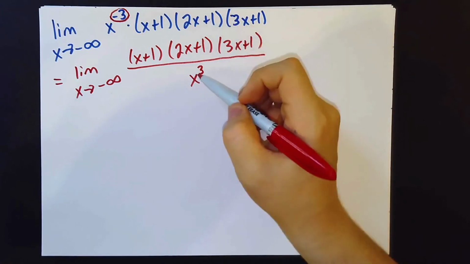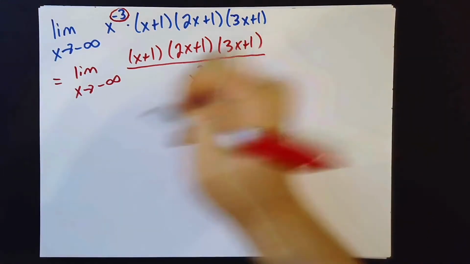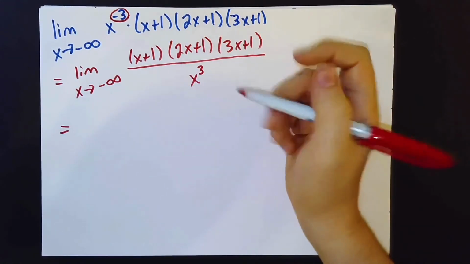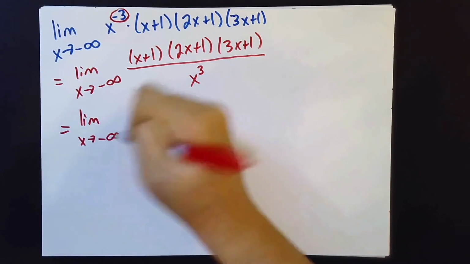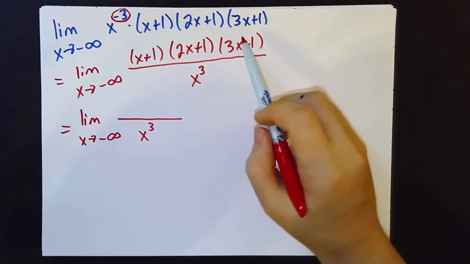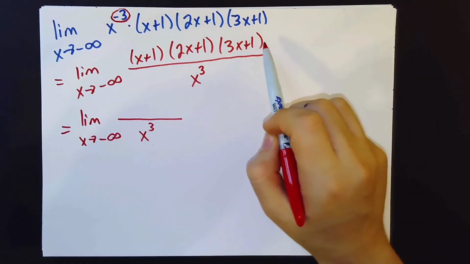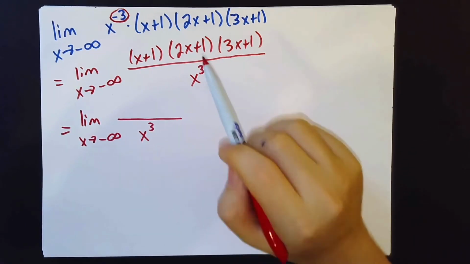Well, the highest order term in the denominator is pretty clearly x cubed, because x cubed is the only thing in the denominator. And you might be inclined to think that in order to figure out the highest order term in the numerator, we actually have to multiply all of this mess out. But that sounds ugly, and I don't wanna.